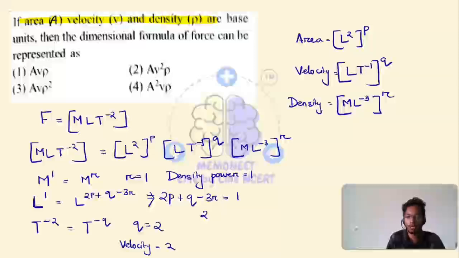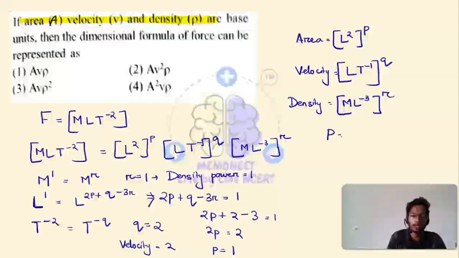From the above R value and Q value, we can find P. 2P plus Q, Q is equal to 2, minus 3R, R is 1, that is 3, is equal to 1. So this is minus 1, 2P is equal to minus 1, and here it will be plus 1, that is 2. So P is equal to 1.